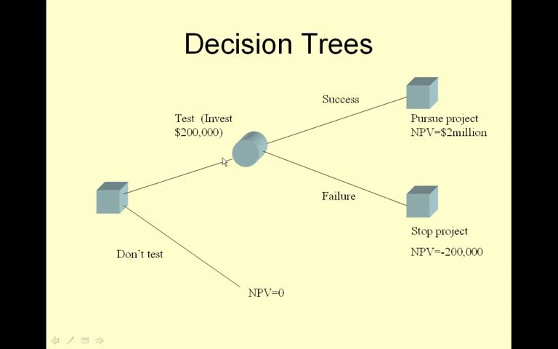We know the net present value associated with the choice of not testing is 0. And it may be that the expected net present value associated with the choice of testing is significantly higher than 0, or it could be negative. The essence of using decision trees is to identify the options that are created by various decisions that the firm might make and the values of those options.